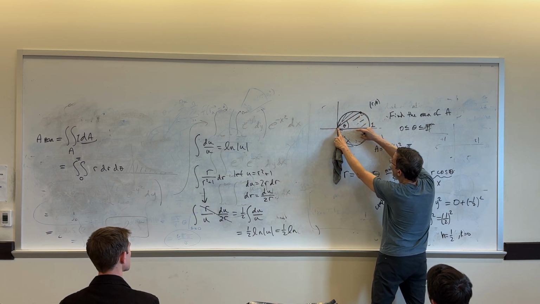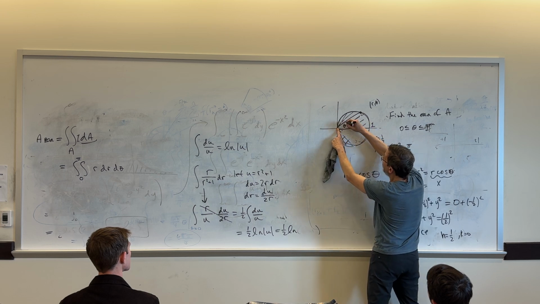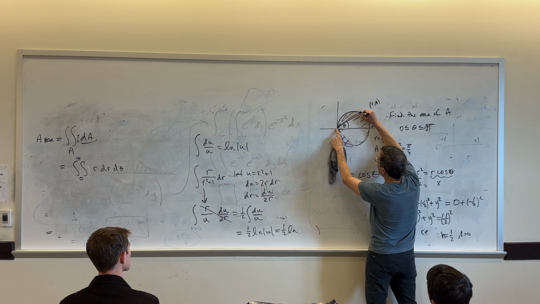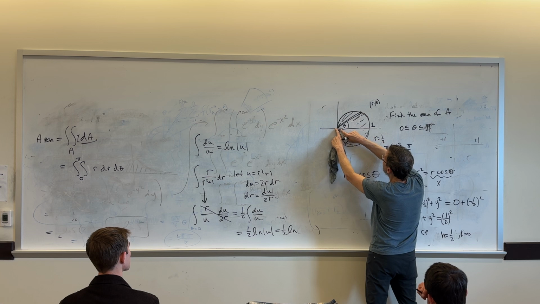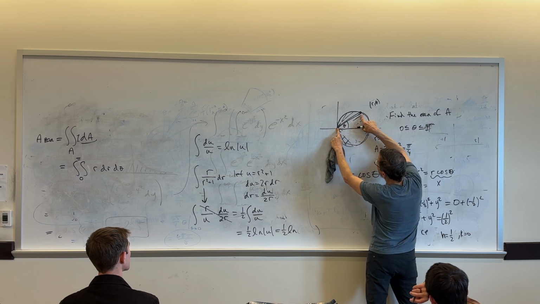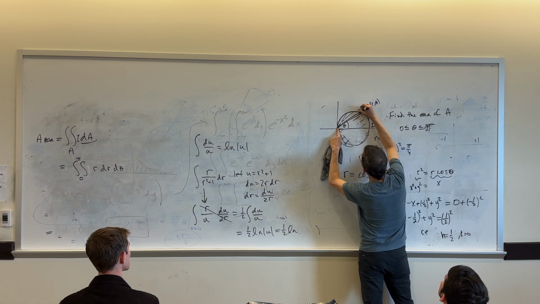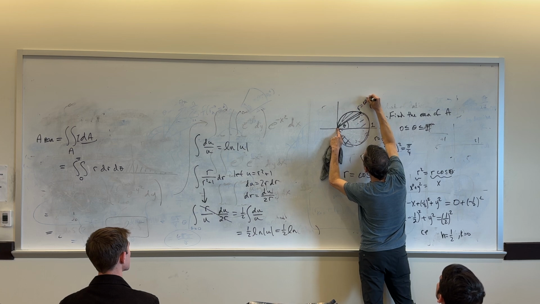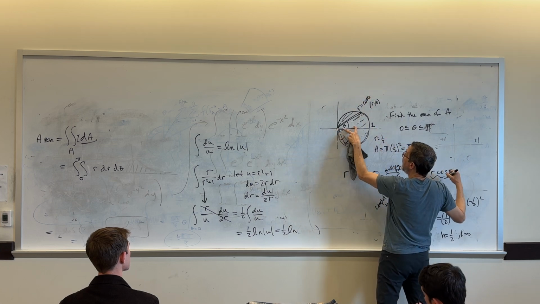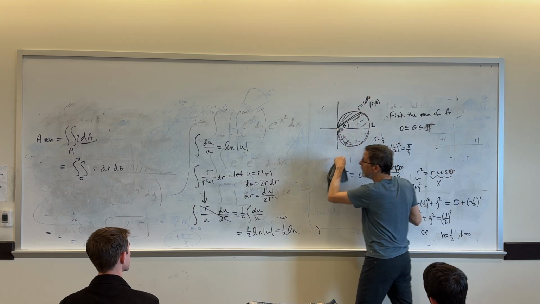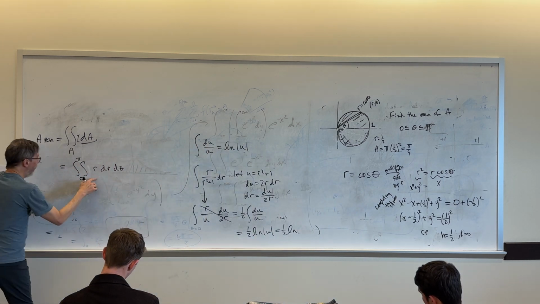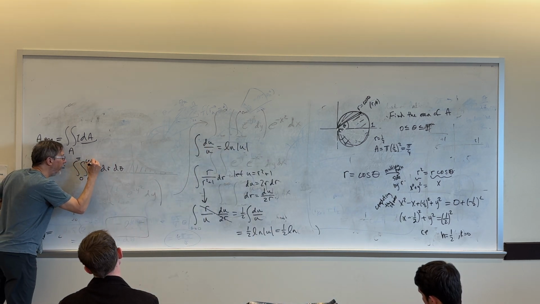When theta is 0, r runs from 0 to 1. When theta is 45 degrees, pi over 4, then you're going to have a slightly less r. But you just have to remember that the radius is exactly equal to the cosine of the angle you're looking at. So r here is going to run from 0 to the cosine of theta.